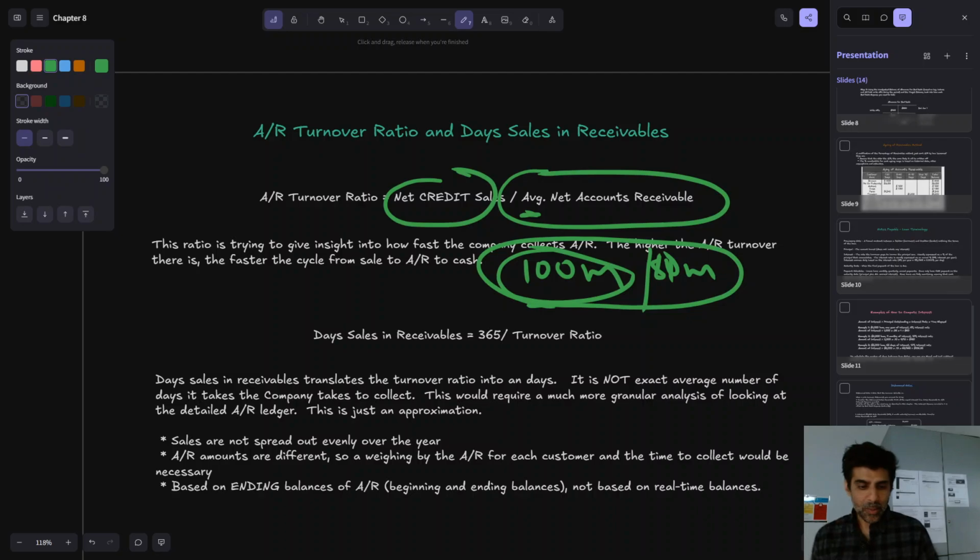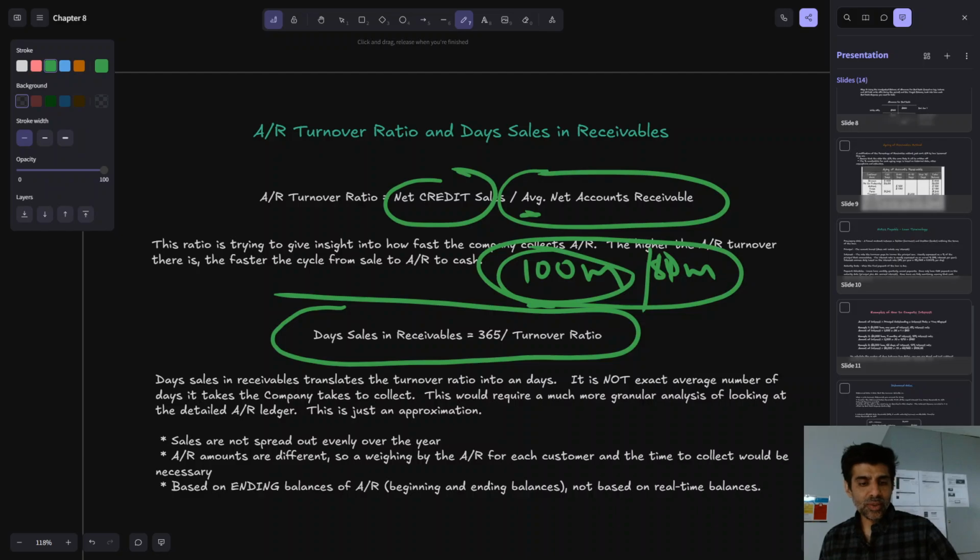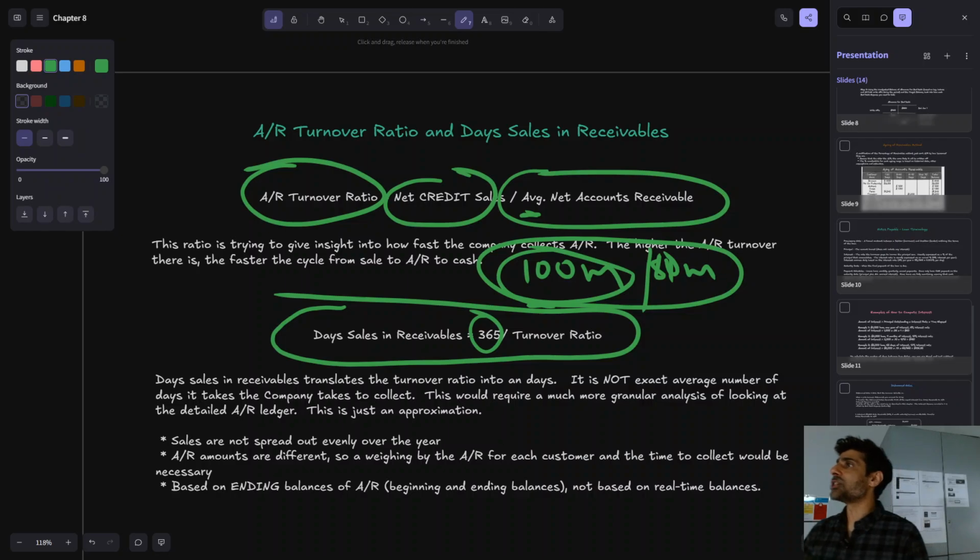Another way to understand this is you do this turnover ratio, and if you divide 365 by that ratio, you get the average number of days it takes to collect the cash. Maybe this is a more intuitive way to understand it: how many days does it take from the time you extended the credit to the time you get the cash, on average? Days sales in receivables will tell you that.